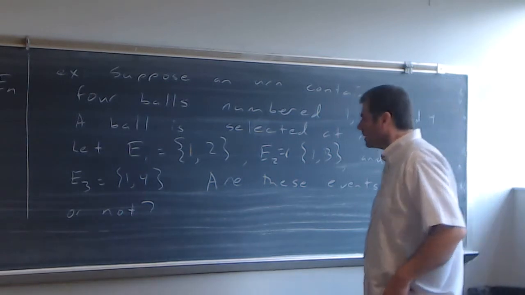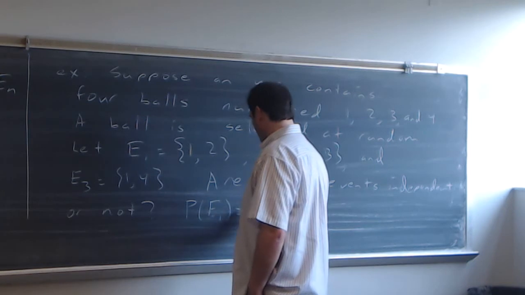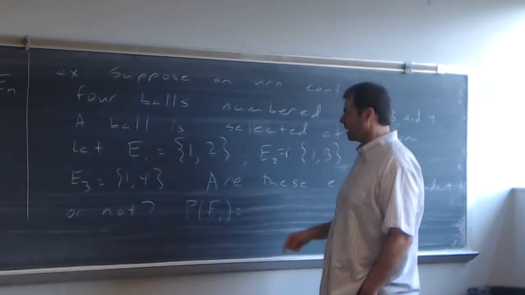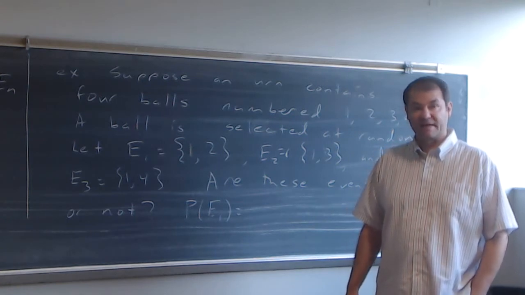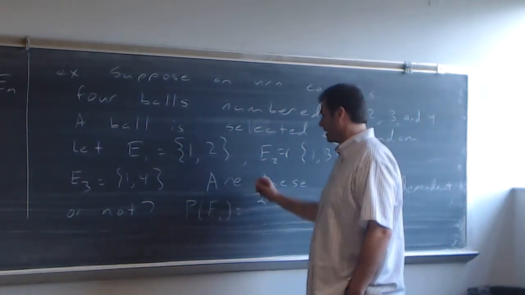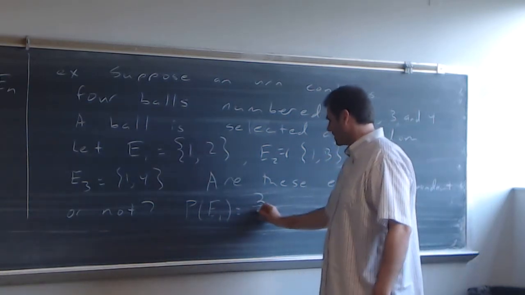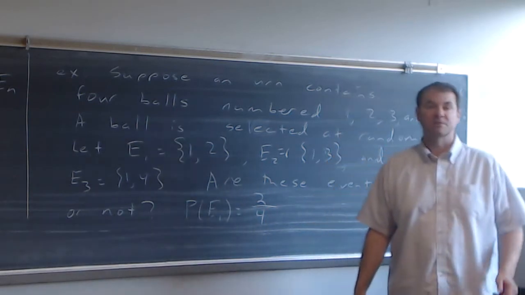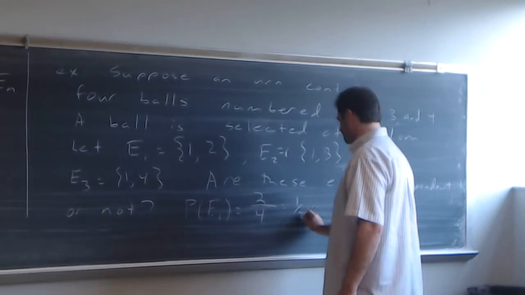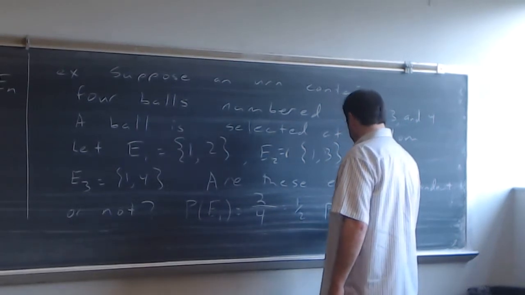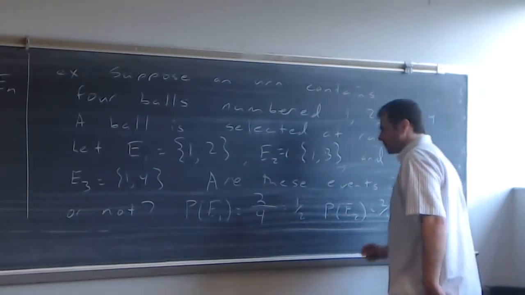Well, the first thing I'm going to do is note the probability of E sub 1. That's equal to the number of ways that E sub 1 can happen over the number of ways anything can happen. So there are 2 ways for which E1 happens. You choose the first ball, you choose the second ball. And the number of outcomes in our sample space where we're choosing one ball out of the bag that has 4 balls is 4, so it's 1/2. P of E sub 2, again, is 2 out of 4, which equals 1/2.